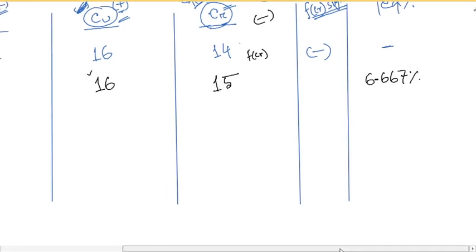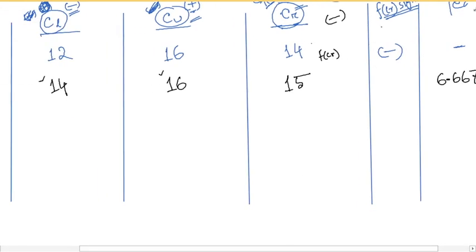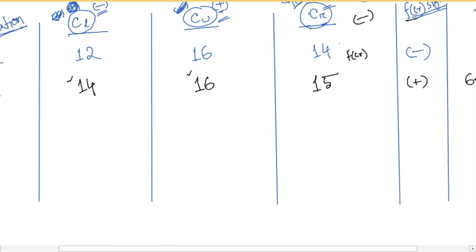In the next step 15, the F(CR) sign will be calculated to see whether it is positive or negative. In this case it becomes a positive sign. So that's why it will be replacing in the next iteration, as it is the third iteration. It will be replacing the value of 16 as it is positive. So it will be 14 and 15, and this will be 14.5, the average of the two values.